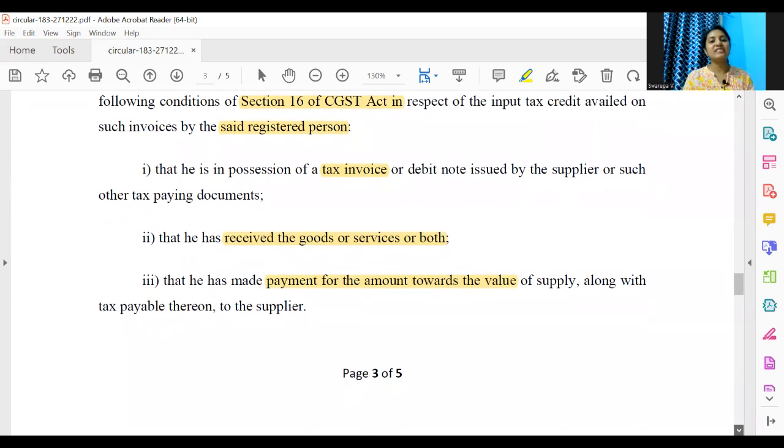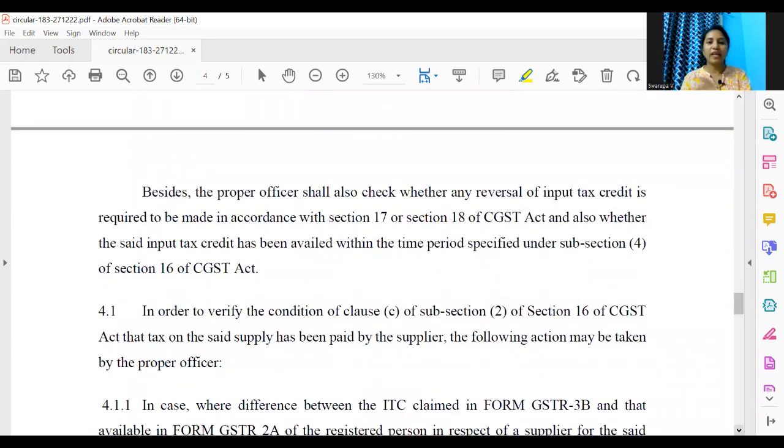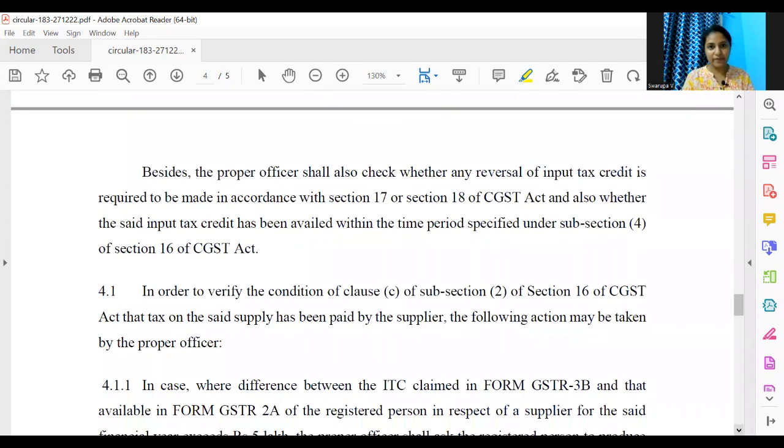And in case there is any reversal of ITC to be made, the required ITC reversal is also made. So these are the important conditions in Section 16. And the most important condition in Section 16 is that the supplier should have paid the tax to the government.